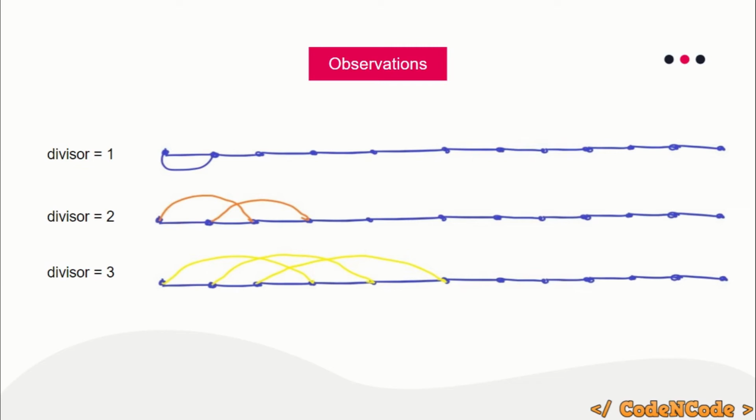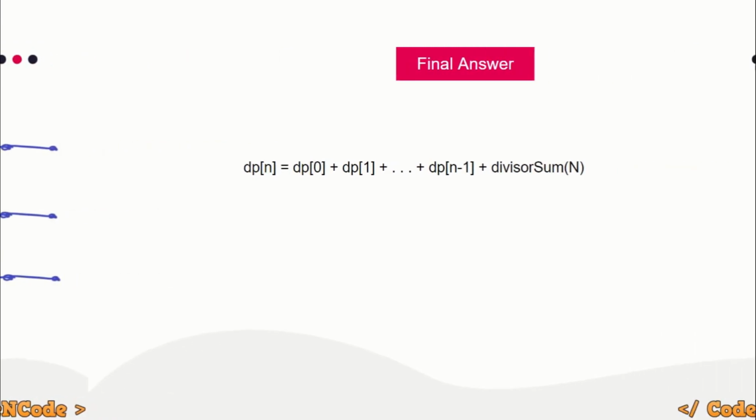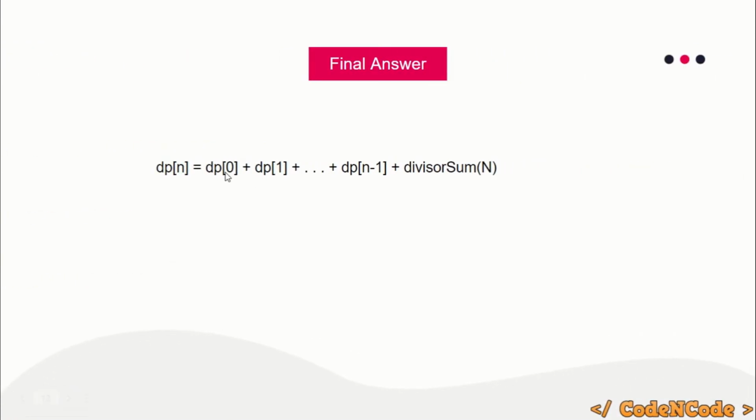So we ignore 1 divisor from the total number of divisors. So the final answer would be this from case 2, that is observation 2: dp of n will be the sum of dp of 0 through n minus 1 plus divisor sum of n, where we are ignoring n itself.